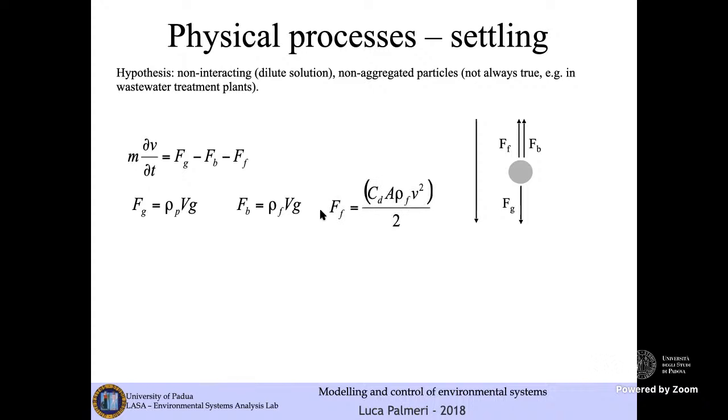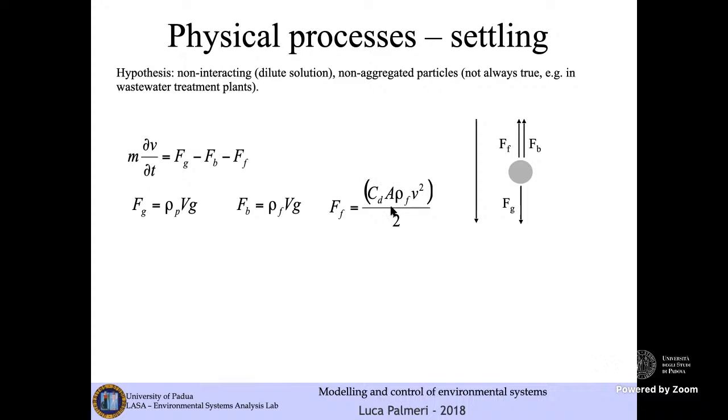And for the frictional force, we may write that the drag coefficient times the surface opposed to the movement of the particle times the density of the fluid times the square of the velocity of movement divided by 2 is the frictional force.